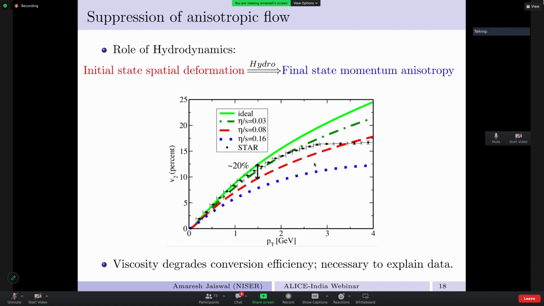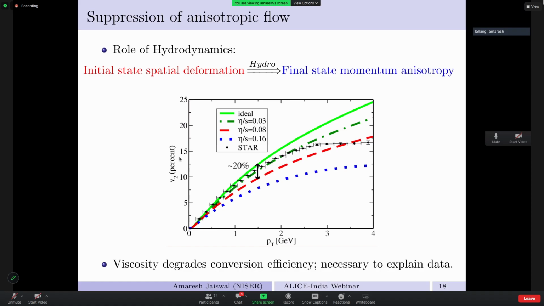Now, this picture I come back to again. We need to have dissipation in the system, at least in heavy ion collisions. In the context of heavy ion collisions, we need viscosities to suppress the value of V2 so that it has agreement with the data. This is what viscosity does.